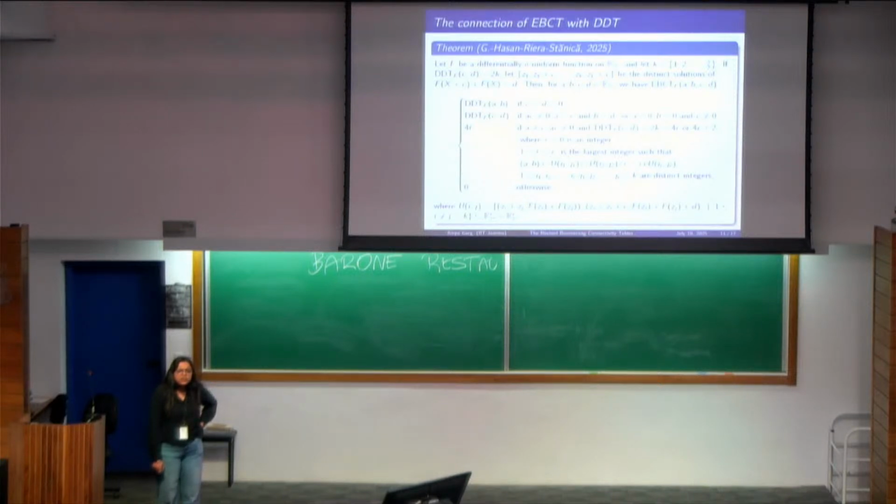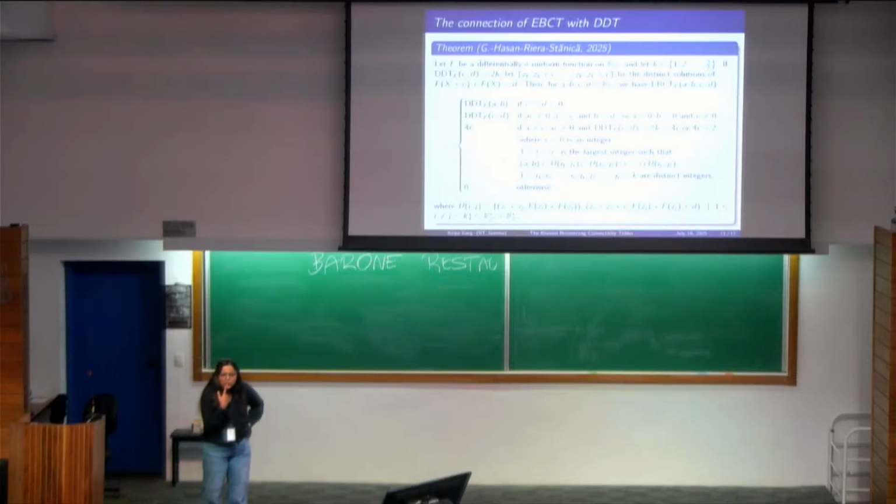Yes, exactly. So do you think that there is a connection also for those types of tables, and can you mimic your approach in order to get some connection with the CDT? Yes, c not equal to 1.